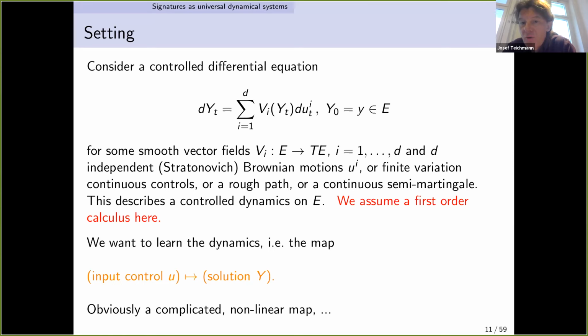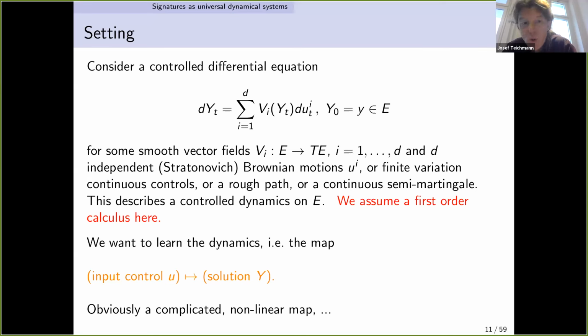Important is that we assume here first order calculus. So this means I have the Ito formula valid for this type of process if we insert a stochastic process there, or otherwise I have just the standard first order ordinary differential equation calculus.